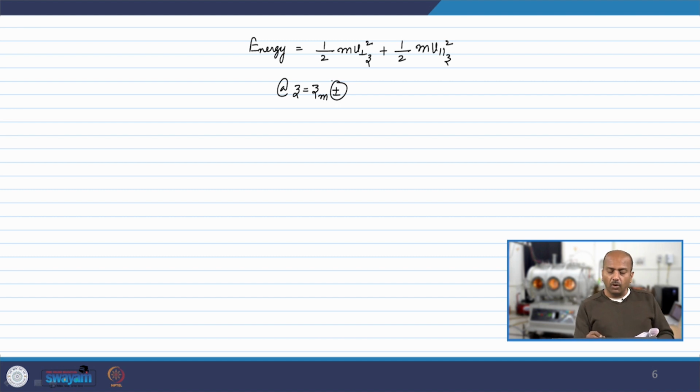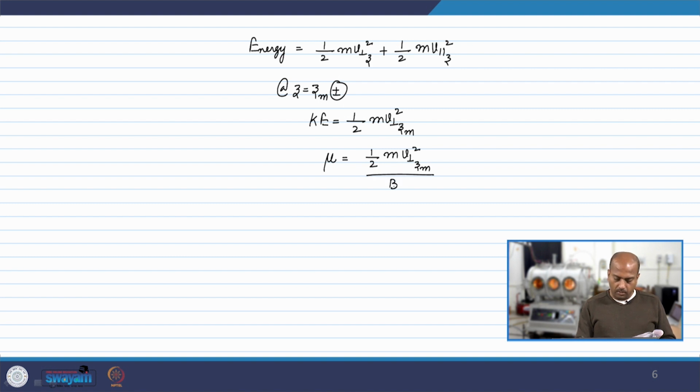So at the mirroring points, what happens? The kinetic energy is half m v perpendicular zm squared, and the magnetic moment mu at that point is half m v perpendicular zm squared divided by B zm, because it is the mirroring point.